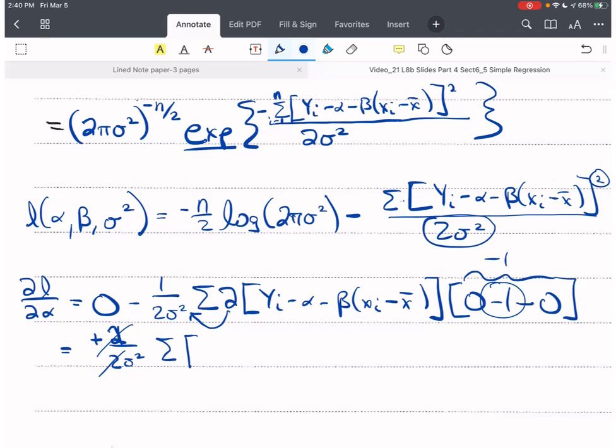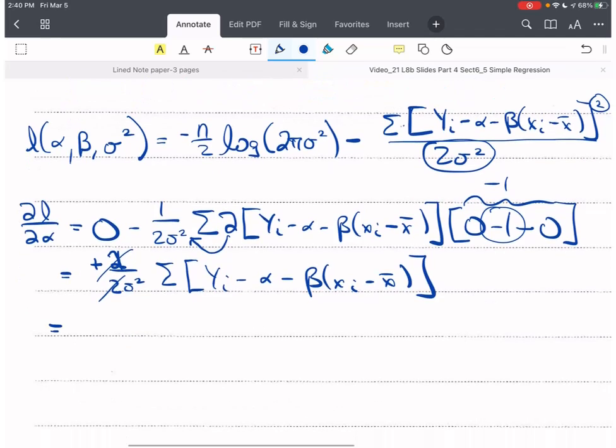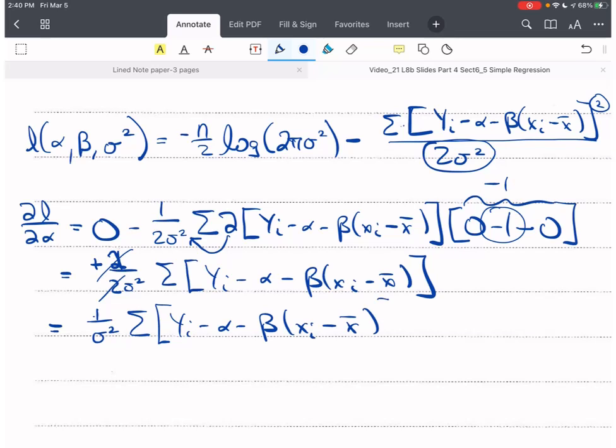Then I will have yi minus alpha minus beta xi minus x bar, quantity. And so I can say that this is equal to 1 over sigma squared, sum of yi minus alpha minus beta xi minus x bar.